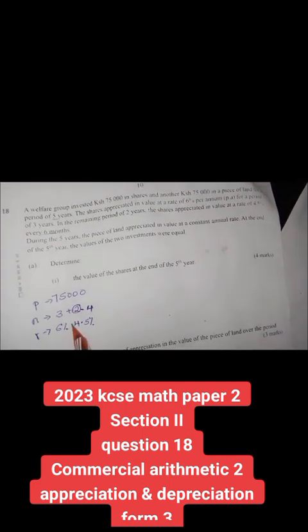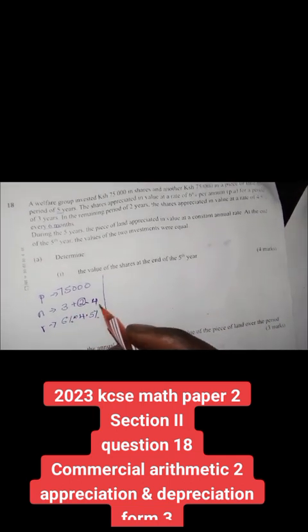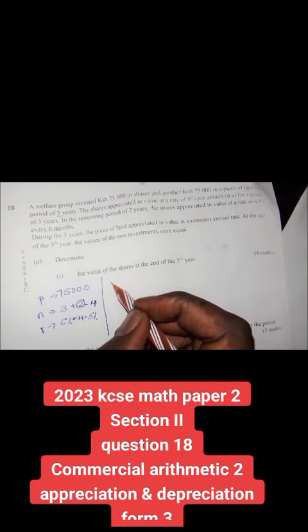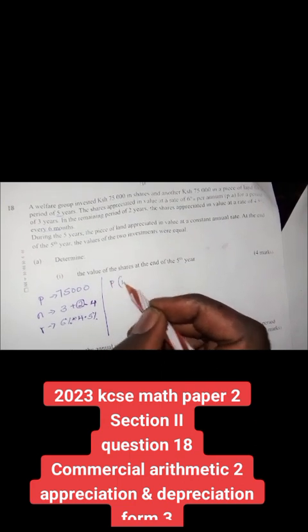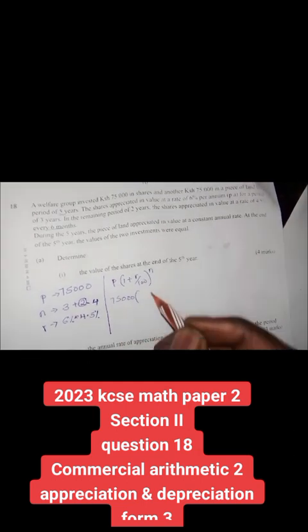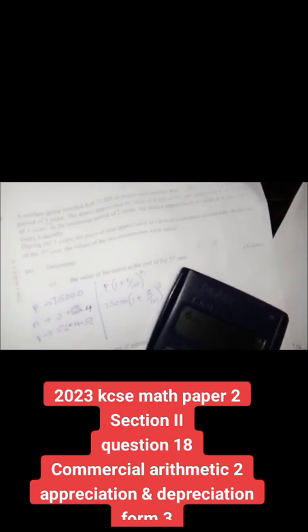Now let us first find the value of the shares in 3 years. To find appreciation, we have P times 1 plus R over 100, to the power N. The principal is 75,000 times 1 plus 6 over 100, to the power 3.